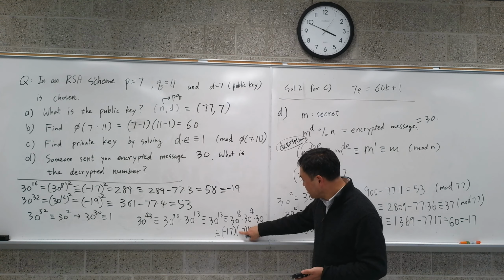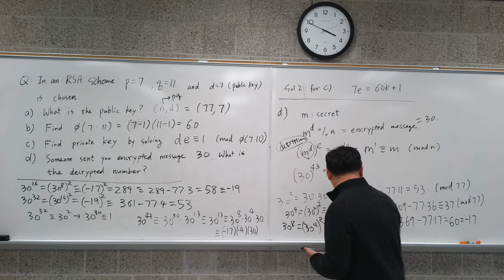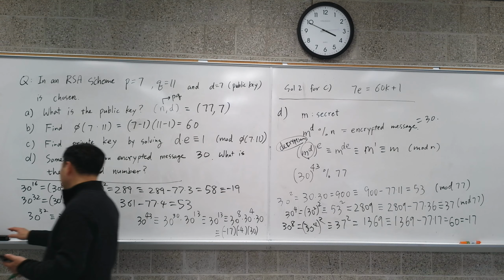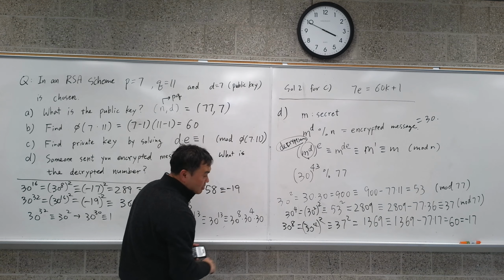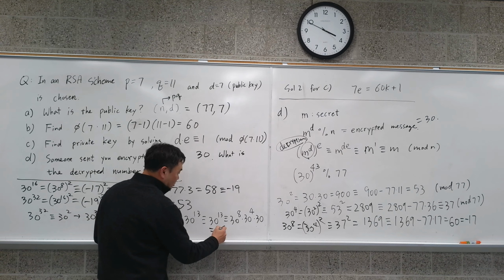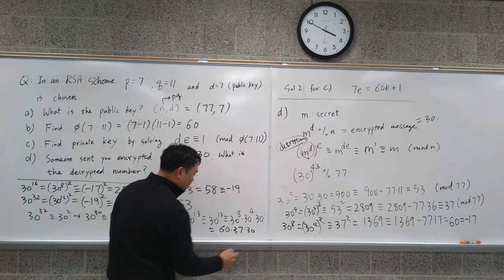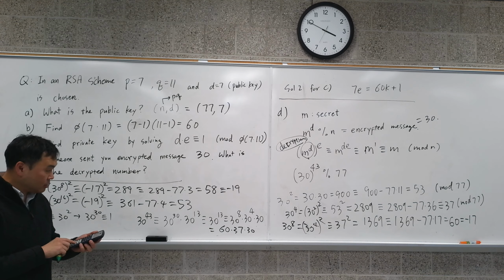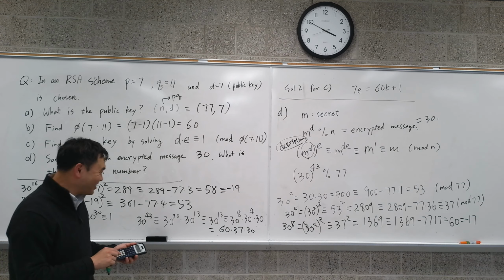Instead of negative 17, let's just use 60, okay? So 30 to the 8th power is 60, and then 30 to the 4th power is 37, and 30. 60 times 37 times 30 gives you 66600.